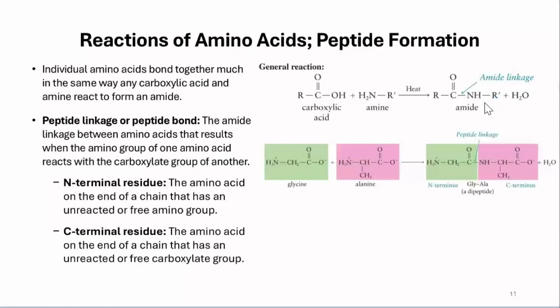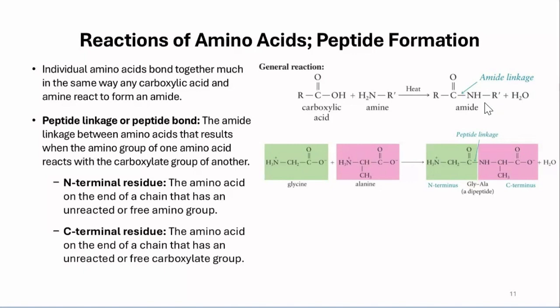Let's continue talking about the reactions of amino acids. Now, let's discuss specifically peptide formation. Individual amino acids bond together, much like we observed previously when discussing organic chemistry, by the combination of a carboxylic acid and an amine forming an amide.